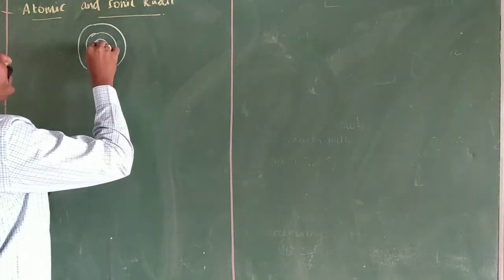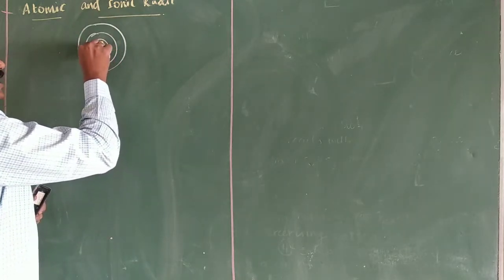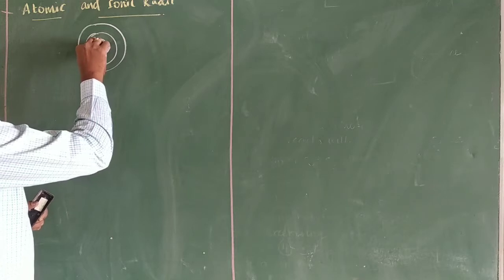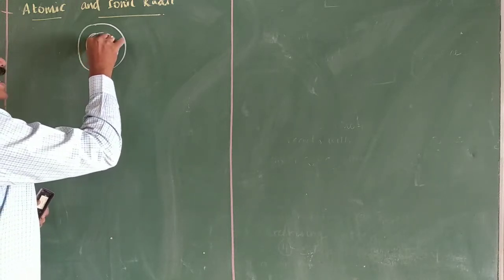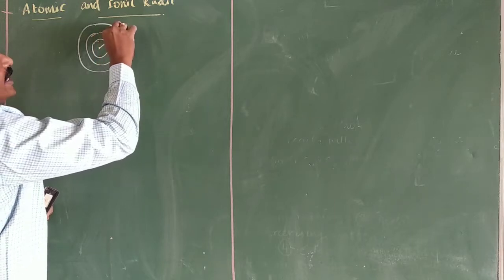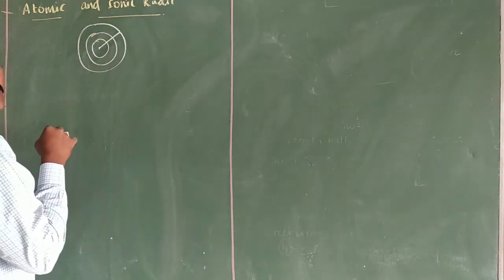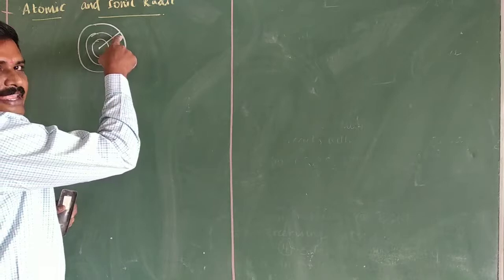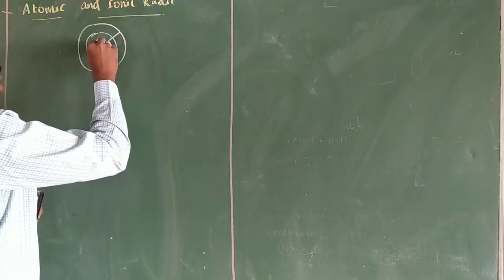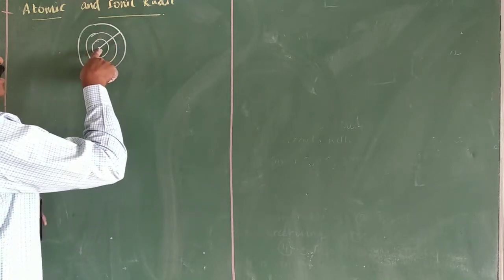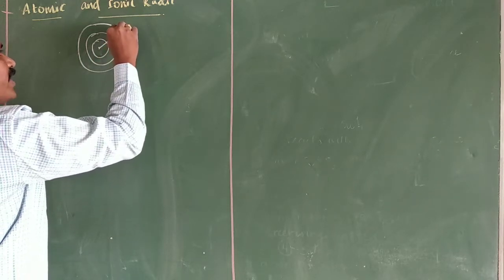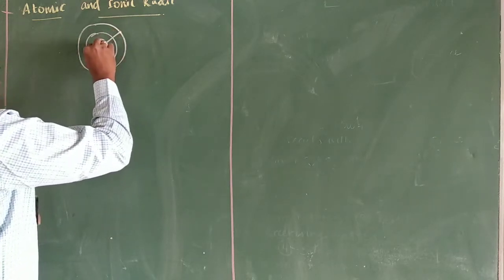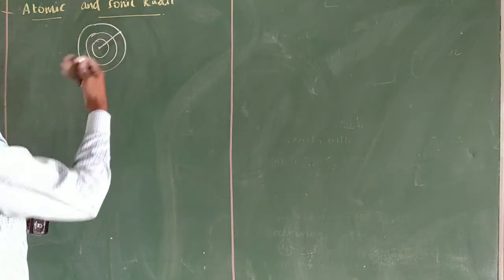The distance between the center of the nucleus and the valence shell electrons is called atomic or ionic radius.